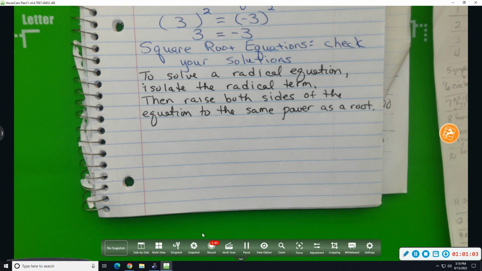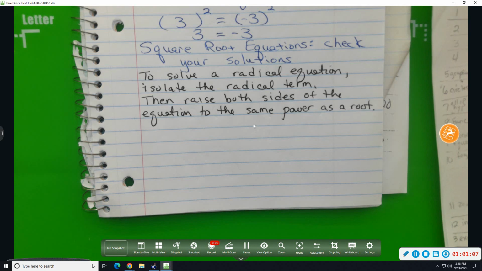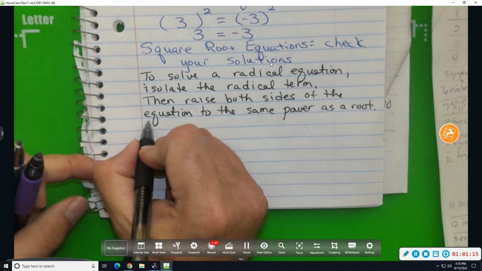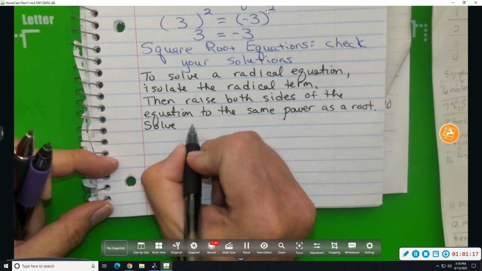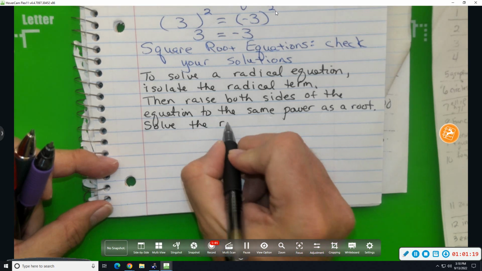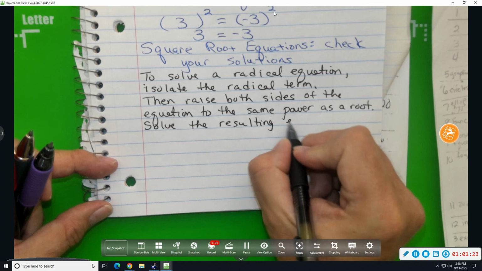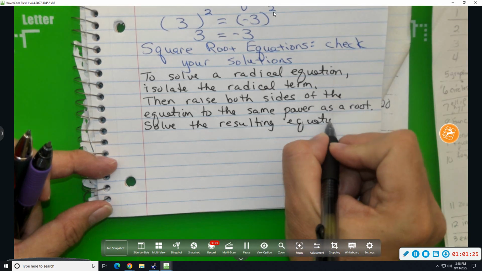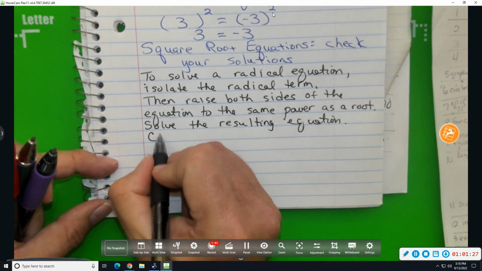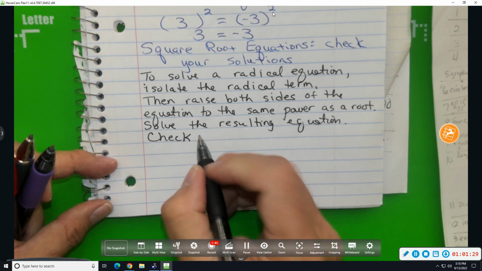Cube roots get a bad rap. People don't like cube roots, but if you have a cube root, you're going to have to cube both sides. Now, that's an odd power. A cube is an odd power. It's the even exponents that mess up things. Those are the ones where you have to check your work. If it's an odd root, like a cube root, once you're through, that's it. You don't have to worry about checking your answers.